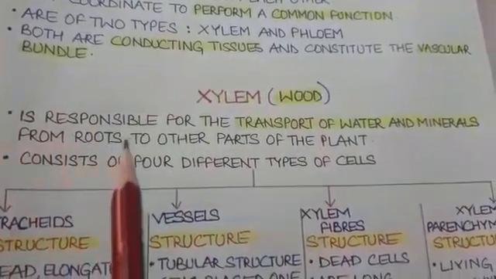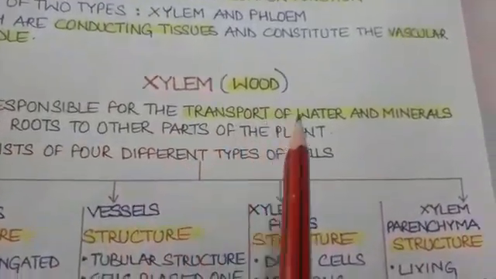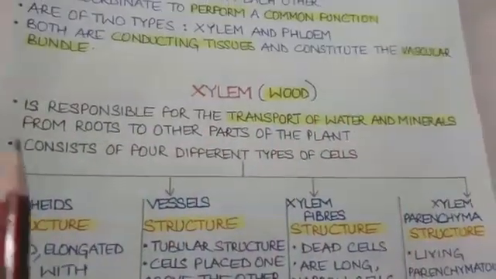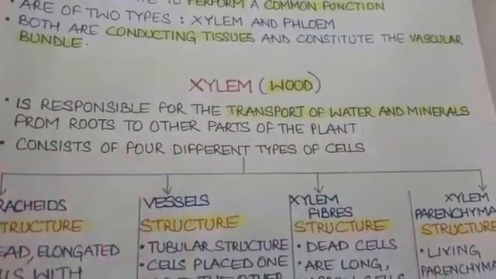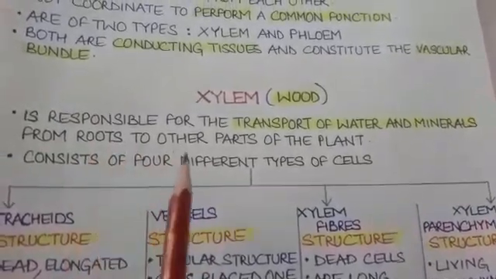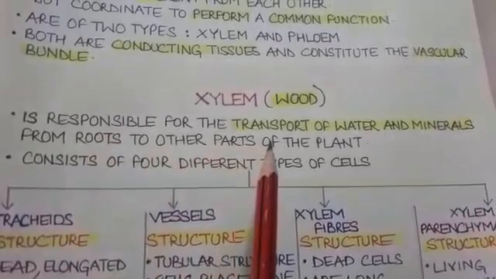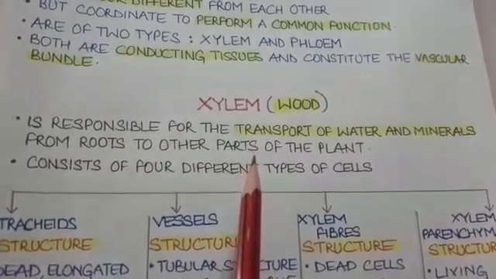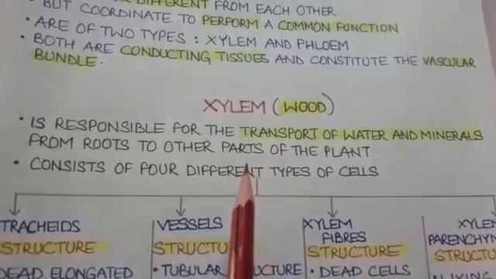It is responsible for the transport of water and minerals from roots to other parts of the plant body. It means when we talk about transportation through xylem, it takes place only in one direction. It is unidirectional.